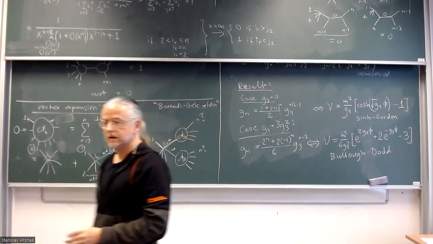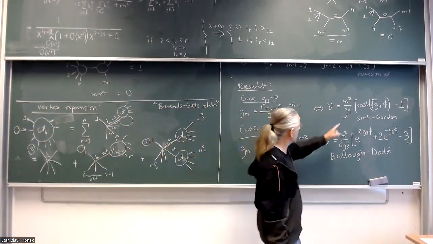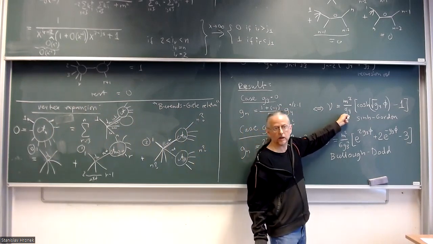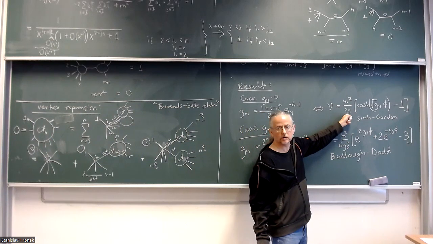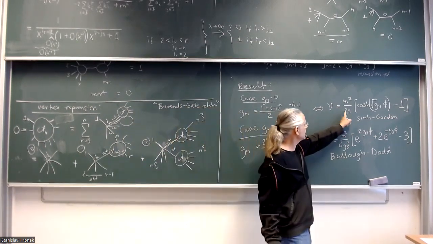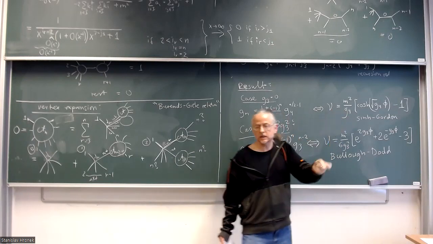What about sine-Gordon? That can be achieved by using a complex rotation on G. I guess it's G4. I think it's minus. It's the sine-Gordon you get by putting this to be negative. So it's included.